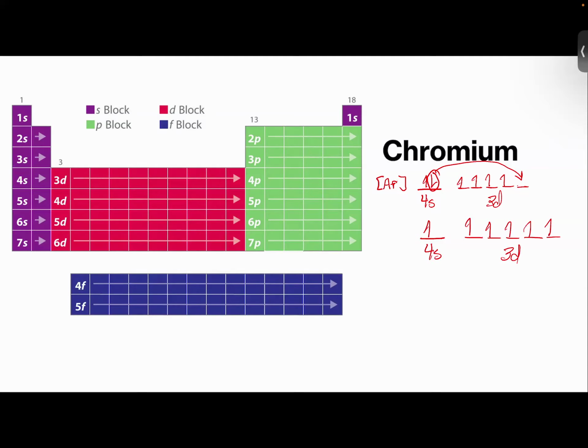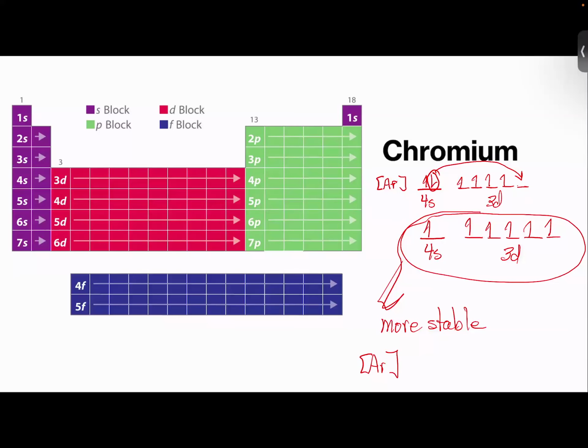This is more stable. And therefore, the electron configuration for chromium is going to be argon 4s1, 3d5. Again, this is going to occur with group 6.